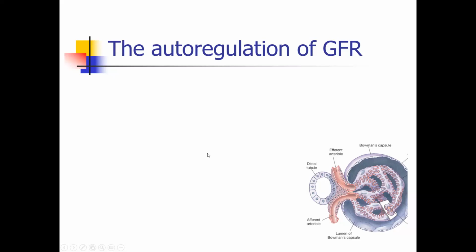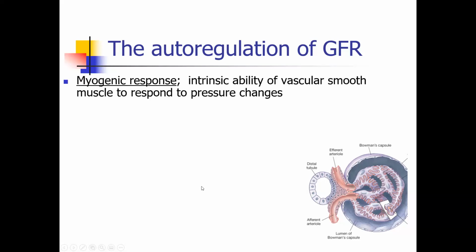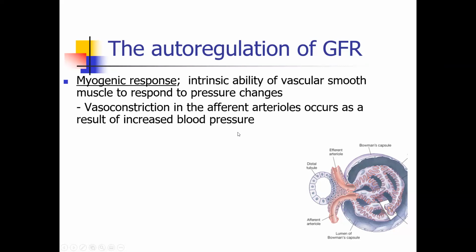So these modulations of these flows can be instantly and quickly and automatically controlled. Okay, so this is called the myogenic response. It's the intrinsic ability of vascular smooth muscle to respond to pressure changes. Vasoconstriction in the afferent arterioles occurs as a result of increased blood pressure.